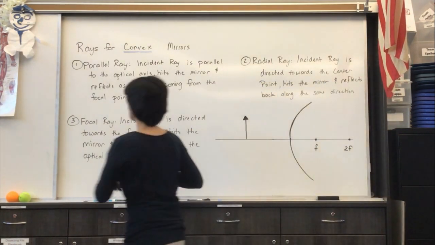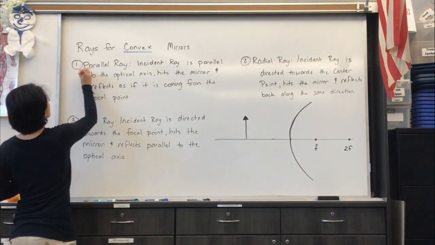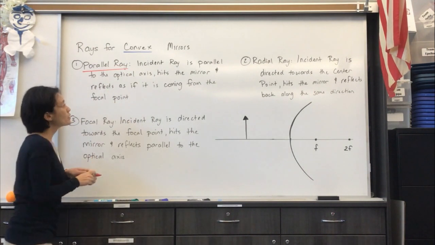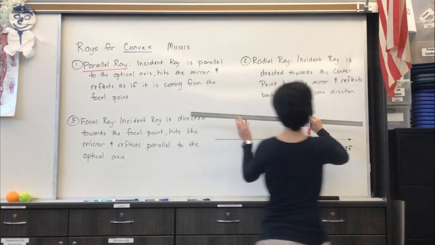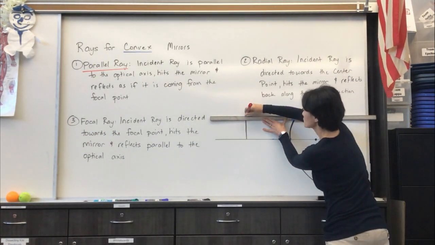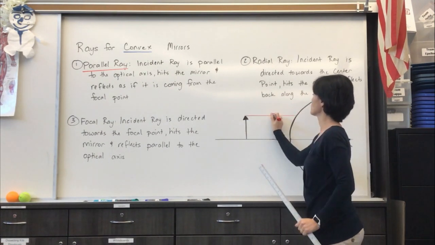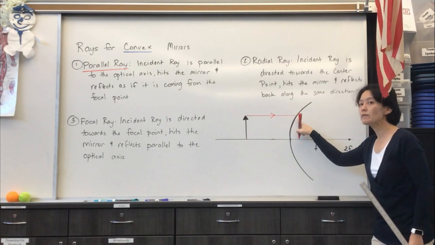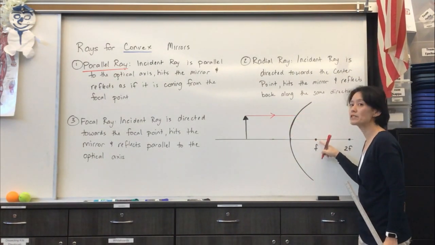Okay, so for this first ray, the parallel ray, we're told that it is parallel to the optical axis, so I'm going to draw that here. You should as well. So it's going to be parallel to the optical axis. It's going to hit the mirror, and it's going to reflect as if it's coming from this focal point.